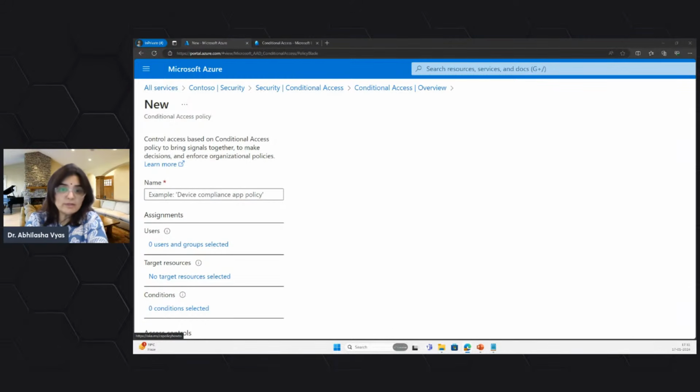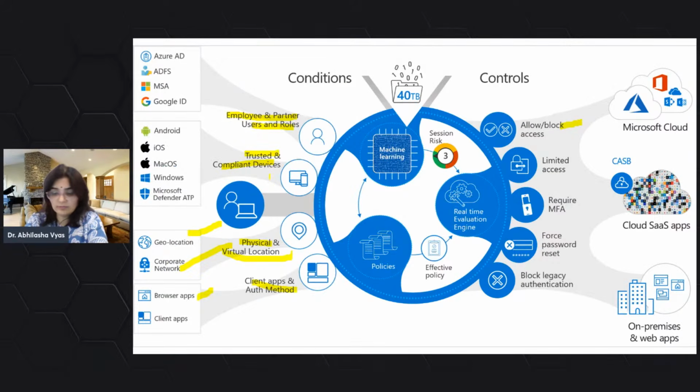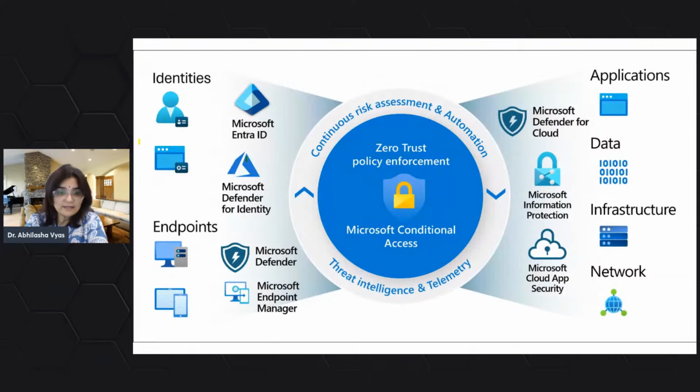And we have common signals, as we have seen, user or group memberships, as we have seen in that slide. So we have seen in that slide that we have user or group memberships where policies can be targeted to specific users or groups, giving administrators fine-grained control, IP location information, or devices.